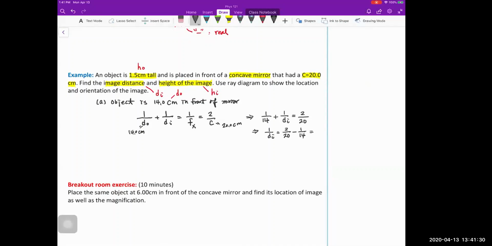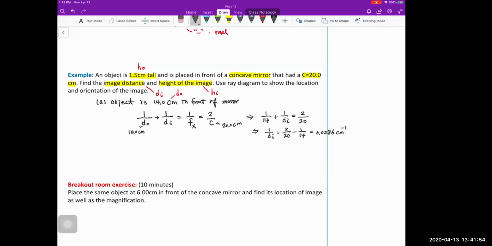And if you do this calculation, the value will be equal to 0.0286, 1 over centimeter actually, because the bottom is in centimeters, so that would be inverse centimeter.